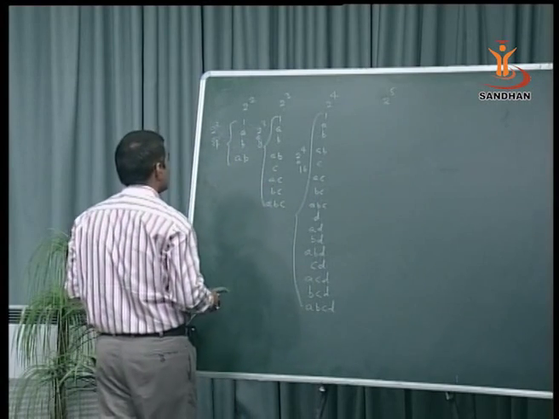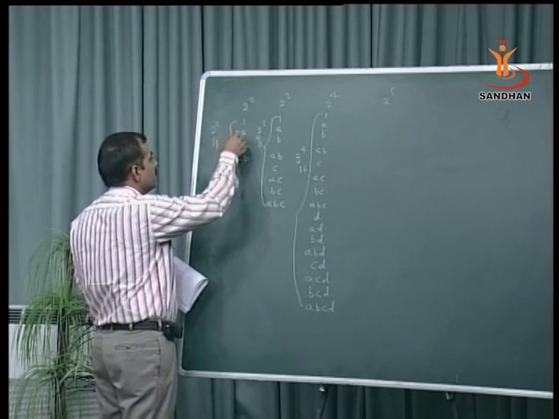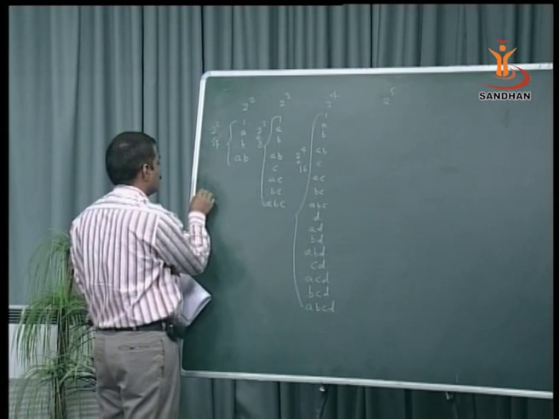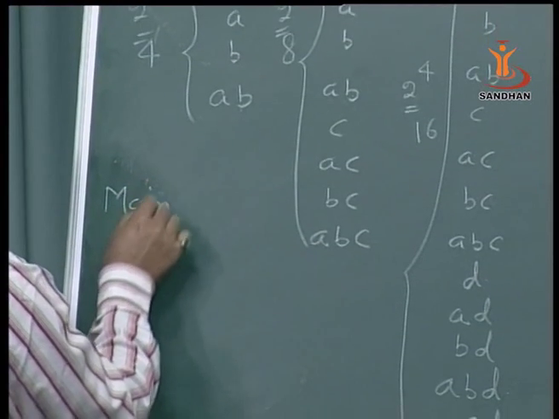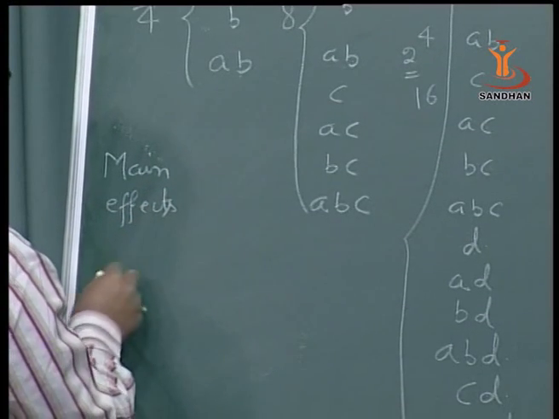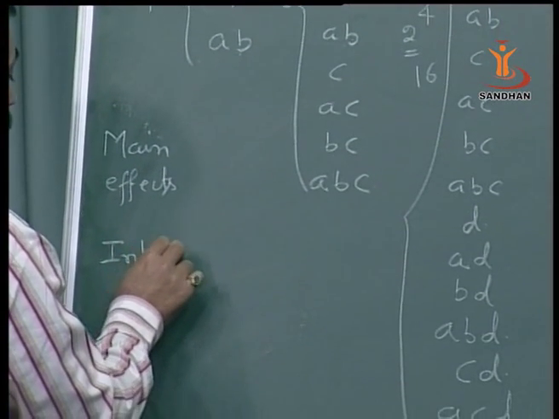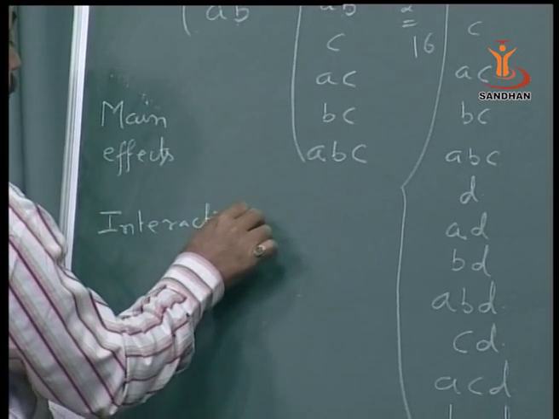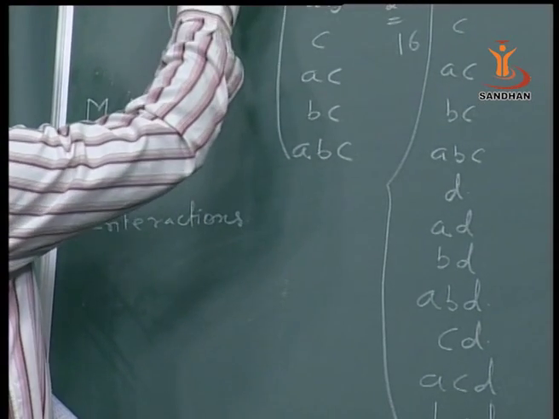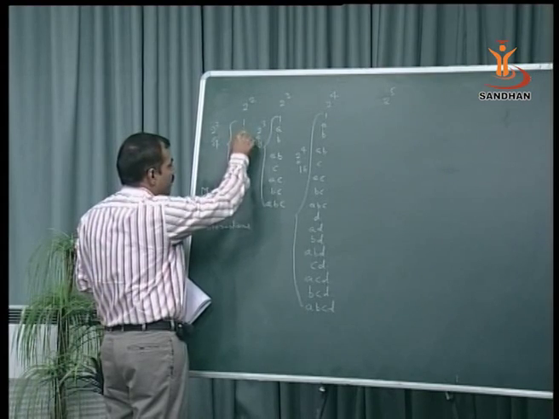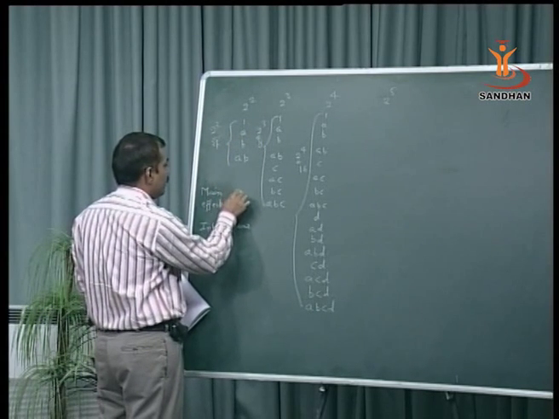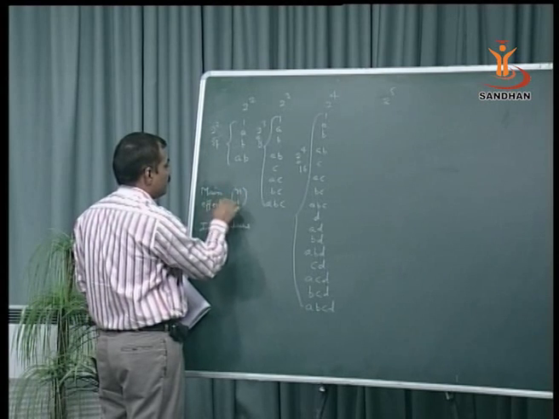So now, how many main effects and interactions are there? Here, main effects are two, A and B, and it is given by the formula NC1.